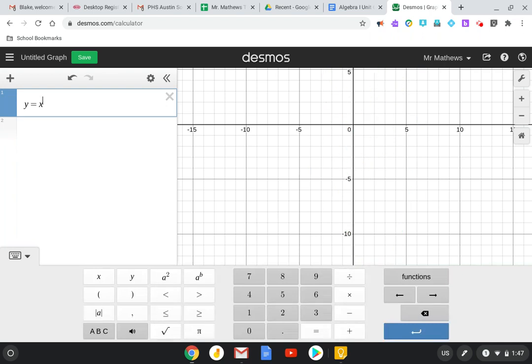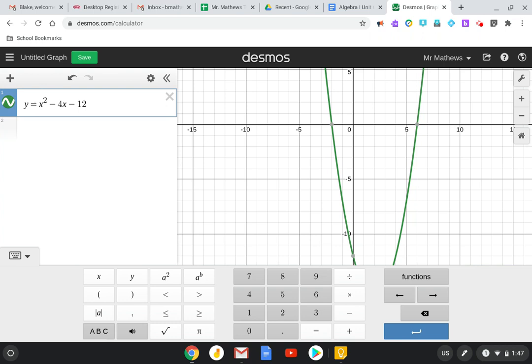Let me show you how that would work. We would do y equals x squared minus 4x minus 12. So you can either click the buttons on the calculator, or you can use your keyboard. I will talk about how to do the squared, but it's basically shift 6 to get the caret symbol.